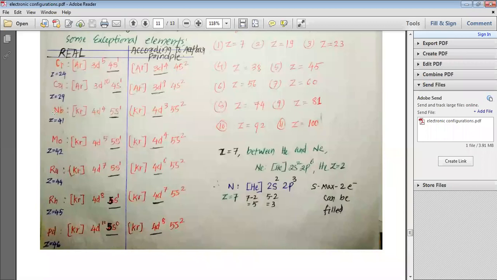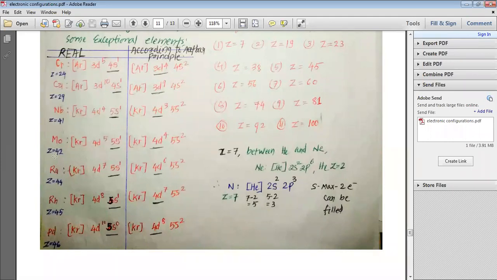In the same way, if you look at niobium, Z is equal to 41, it should be krypton 4d3 5s2, but instead it goes to krypton 4d4 5s1, because compared to 4d3, 4d4 will have more exchange energy, and that is why it turned out to be krypton 4d4 5s1.